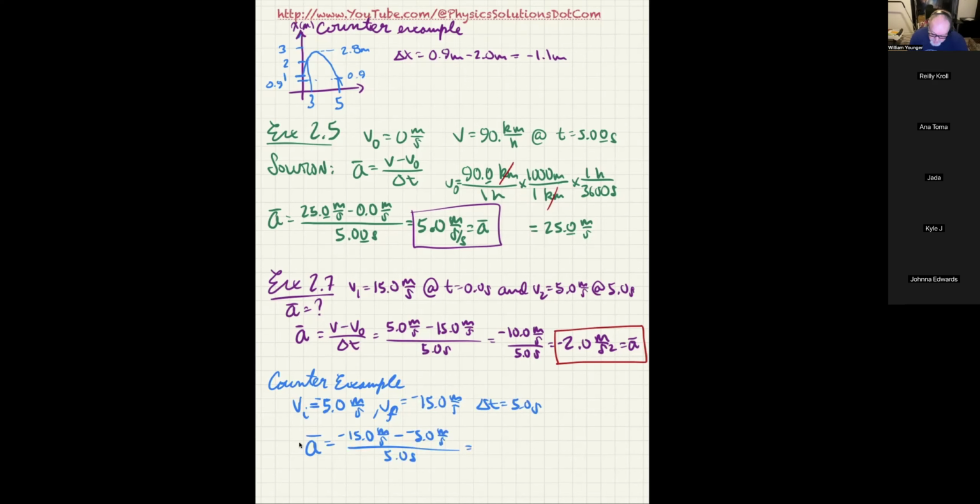Negative 15 plus 5 is negative 10.0 meters per second divided by 5.0 seconds, and therefore you get negative 2.0 meters per second squared is equal to a bar. So now you've seen an example where a negative acceleration is actually something speeding up. Anybody have any questions on that?